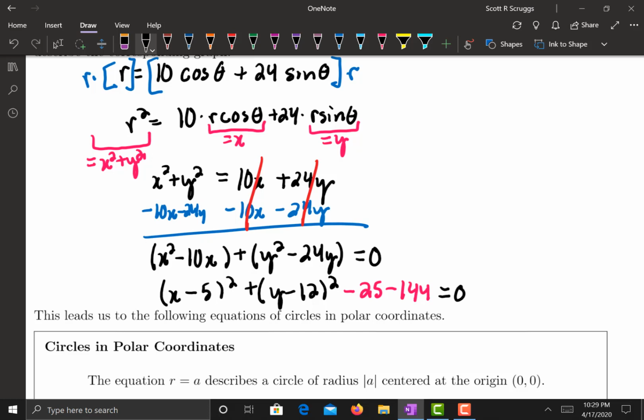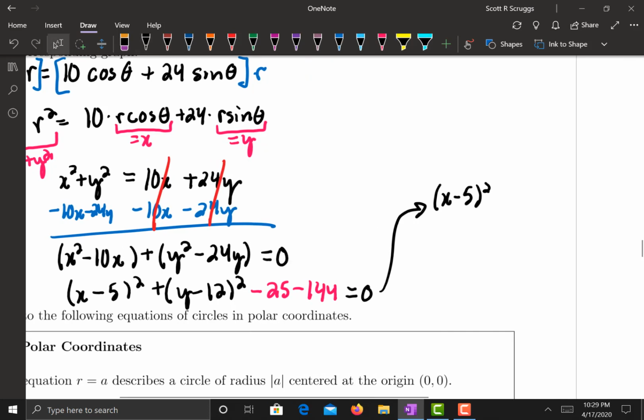Negative 25 minus 144 gives me negative 169. I want to move it to the right hand side, leaving me with the equation x minus 5 squared plus y minus 12 squared equals 169, or another way to express 169, 13 squared.